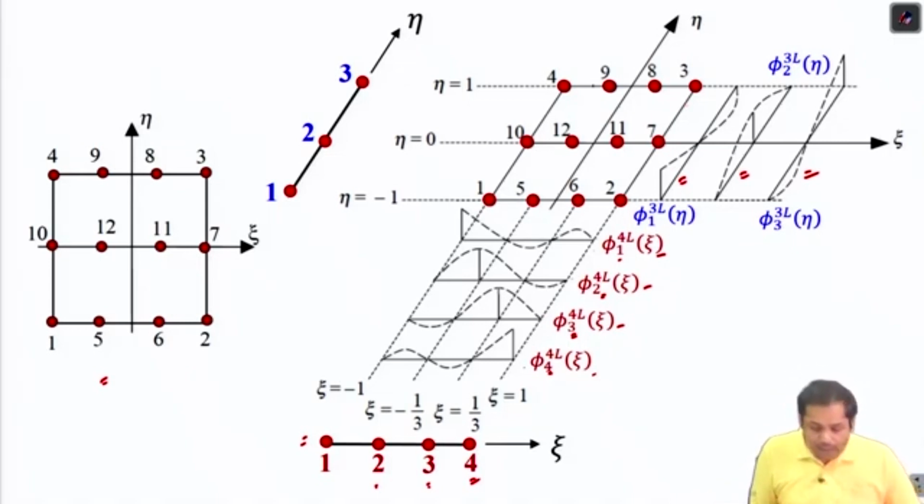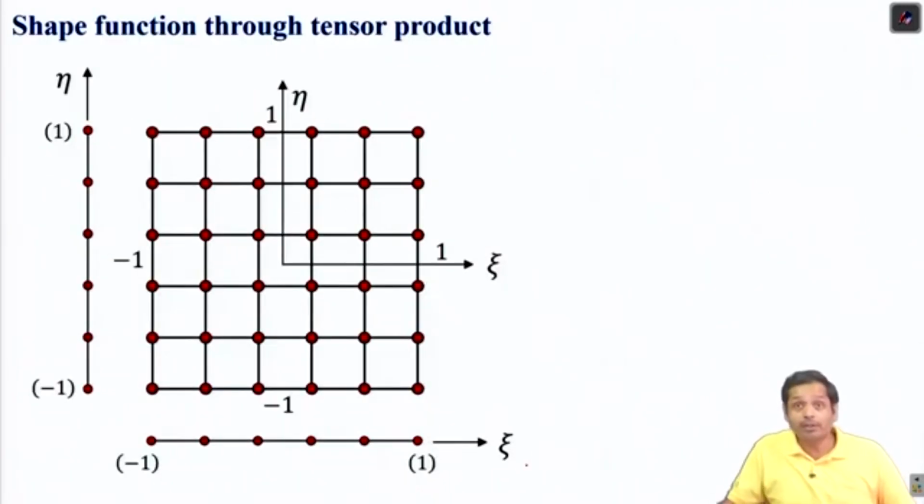Okay, now the question is, based on the discussion in the 1D problem, we already know the shape function for a 2-noded element and for a 3-noded element. Now in this problem we need the shape function for a 4-noded element, but theoretically we can have an element like this.